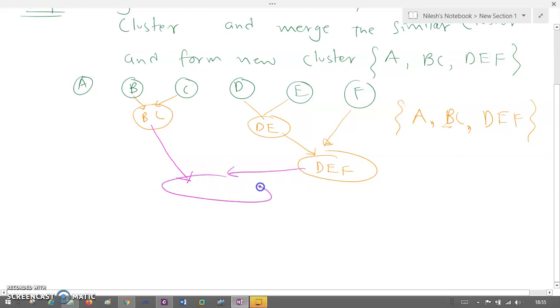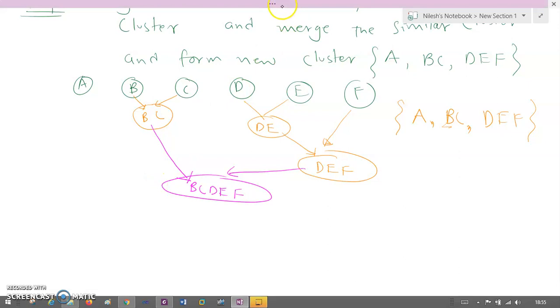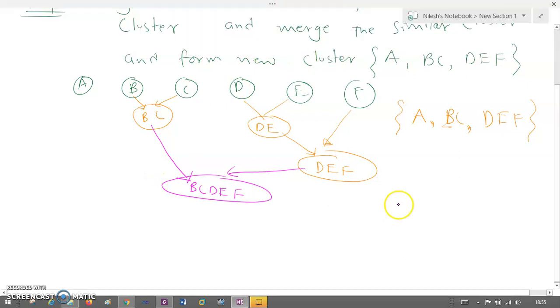Okay, so this is your new cluster, and the cluster is BCDEF. This is my step 4. The leftovers are A and BCDEF.